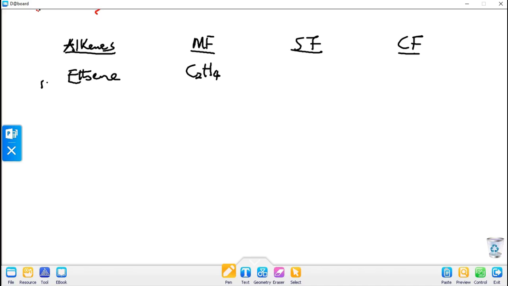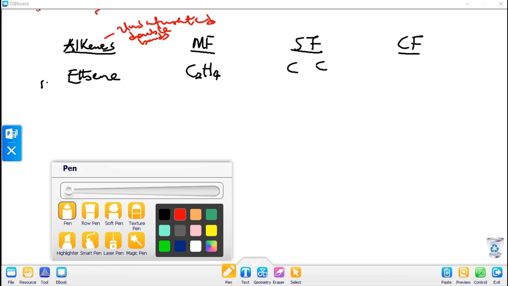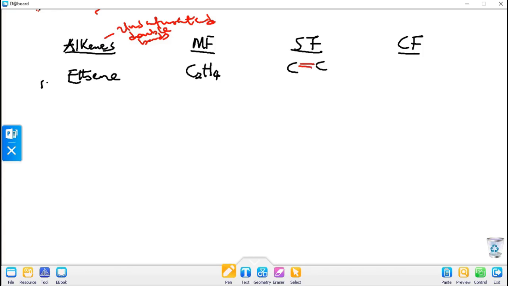Since it is C2H4, what will be the structural formula? There are 2 carbon atoms in ethene, but we recall that ethene is an unsaturated compound with a double bond between the carbon atoms. So if I call this carbon 1 and carbon 2, carbon 1 already has 2 bonds and carbon 2 also has 2 bonds.